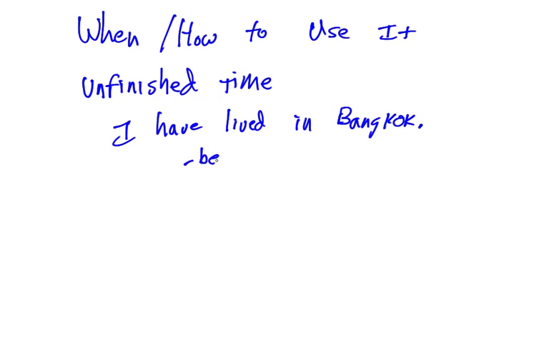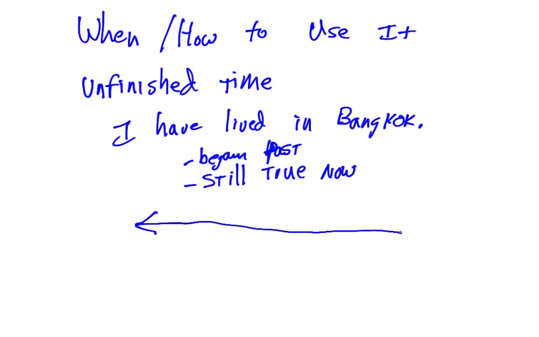So began in the past and still true now. Okay, we see a timeline for that. Okay, so here's now. And sometime in the past I began living. So start living in BKK, Bangkok. And it continues, and it's still true now. So this is the first kind of thing.